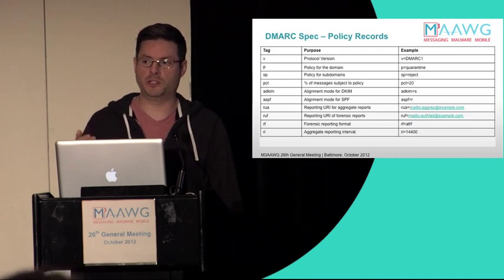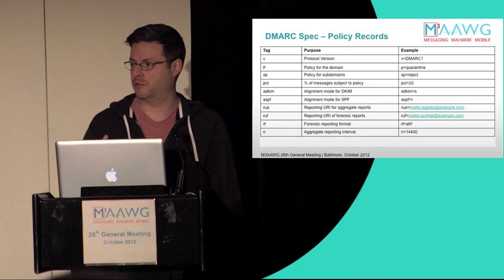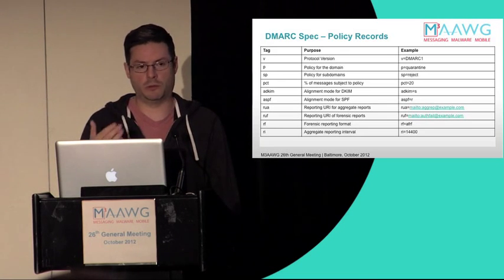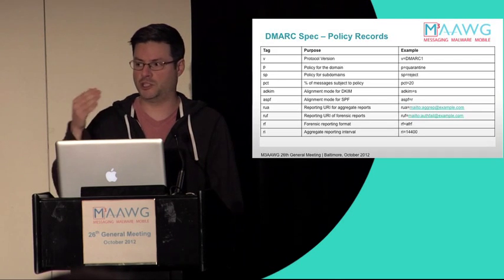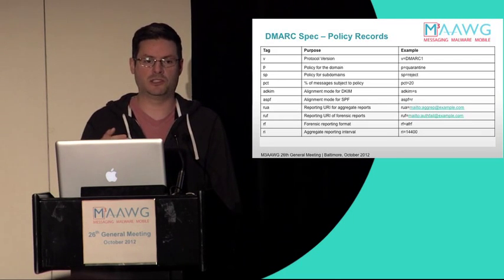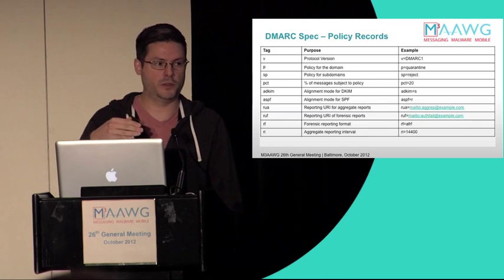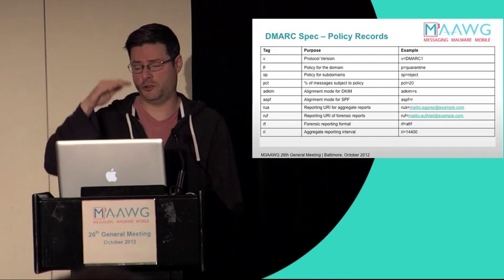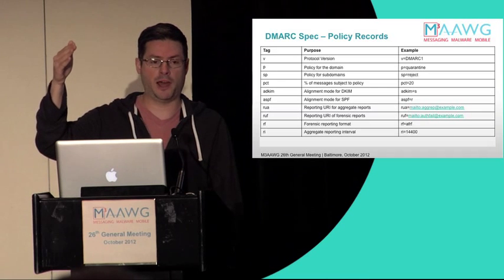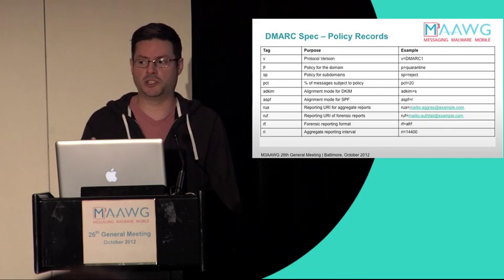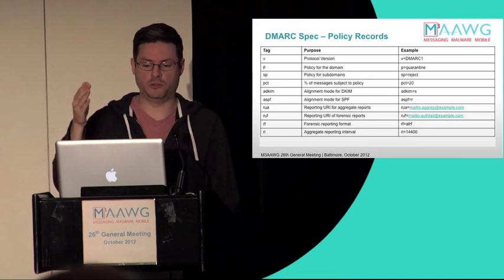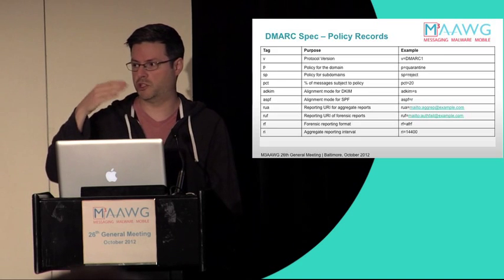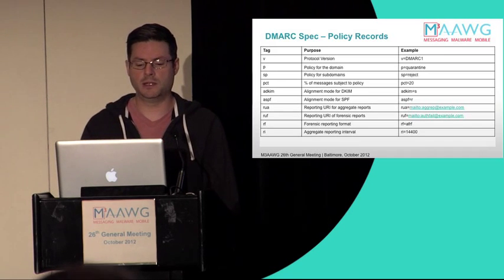So if you publish a none policy and you go through the whole process of figuring out what problems you have with your auth infrastructure, and you footprint who is spoofing your domains, and then you get to the point where you feel confident enough to ratchet it up to quarantine, we don't see the sense, once you've gone through all of the policy stuff at quarantine and you go to reject, of having you sample out back to none. That just doesn't make any sense to us. So for the purpose of DMARC, we've said that you just fall back to the next one. So you go from reject to quarantine, or quarantine to none.